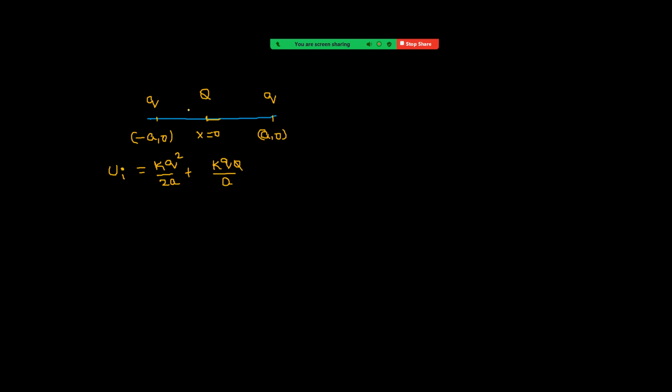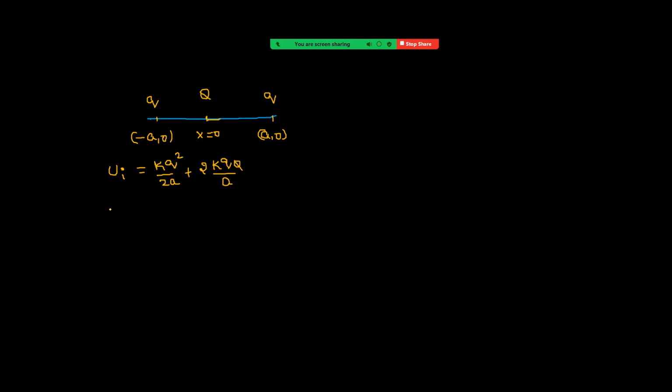That is for this pair, and for this pair once again the same. So I'm taking it into 2. This is taken for small q, capital Q, and again capital Q, small q. That's why 2 here.